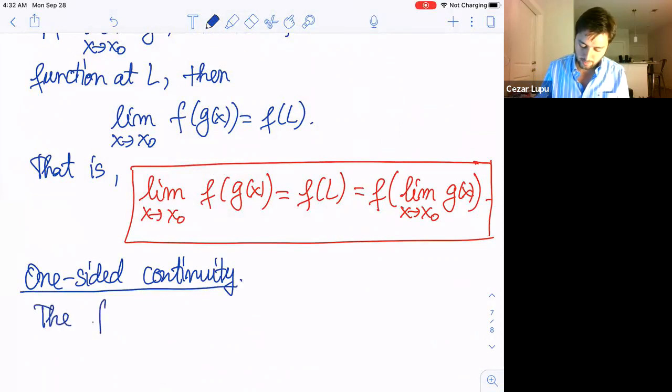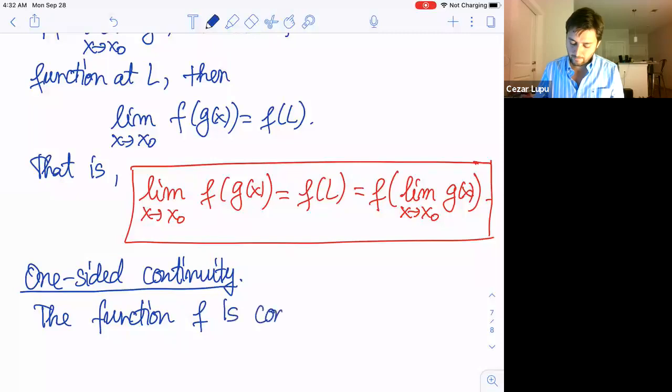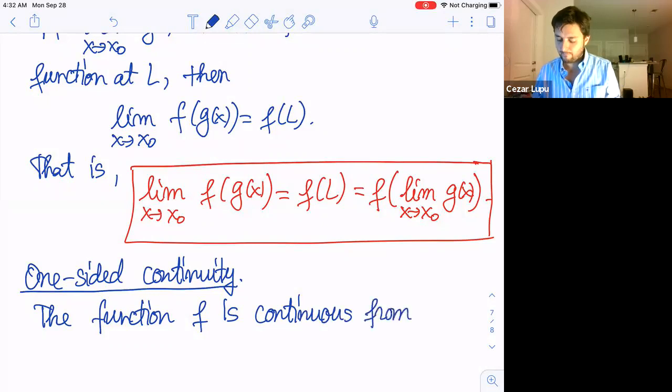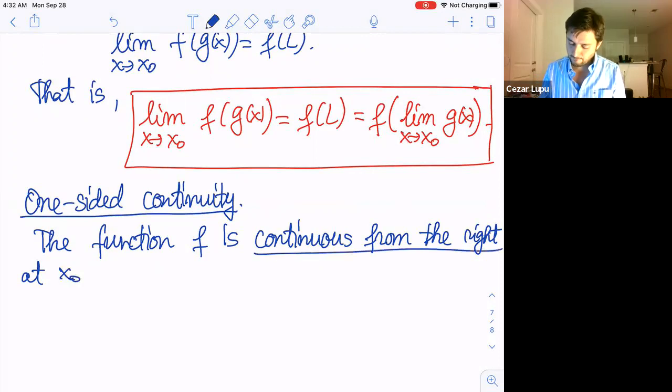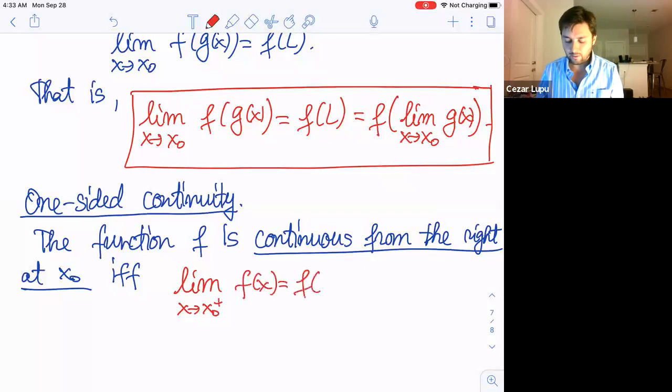So the function f is continuous from the right at x naught if and only if, so pay attention here, it's both ways, if and only if the limit as x approaches x naught from the right, so it's x naught plus, of f of x is nothing other than f of x naught.